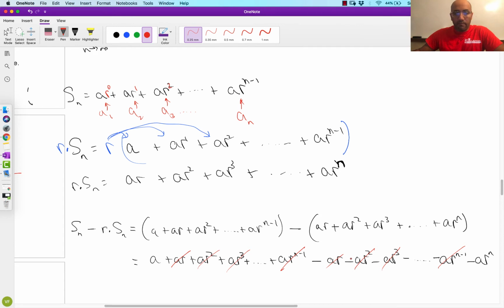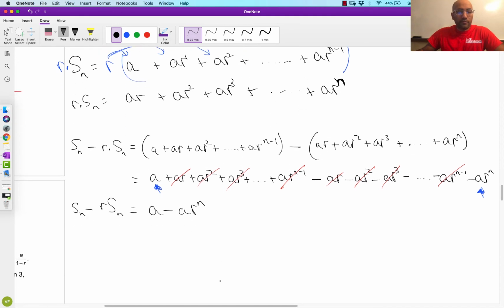So there's just massive cancellation, and the only things that survive are the first term, nothing canceled with the constant a, and the very last term, nothing cancels with that last term over there. So what we have, bringing this down, is s sub n minus r s sub n is equal to a minus ar to the nth power.